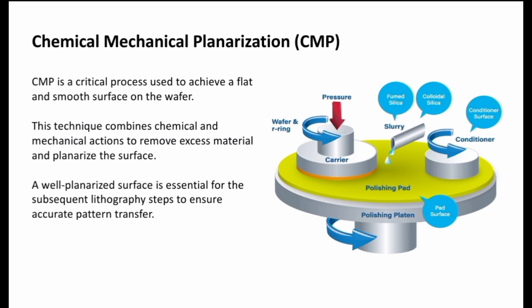The diagram is given here. Initially, there is the wafer carrier ring where pressure is applied, then the slurry, the polishing pad, a polishing platen and a conditioner. These are the components used in chemical mechanical planarization.